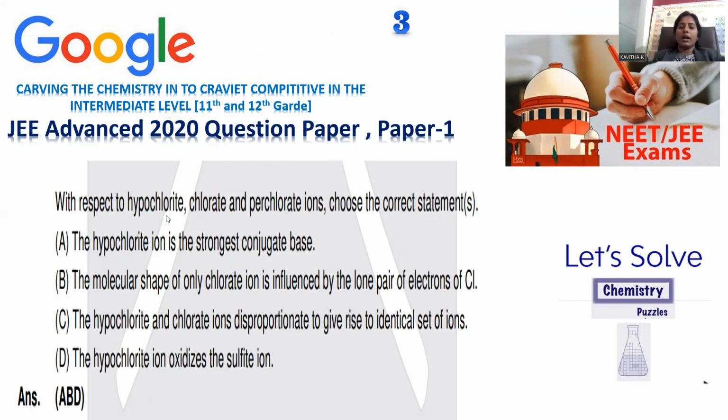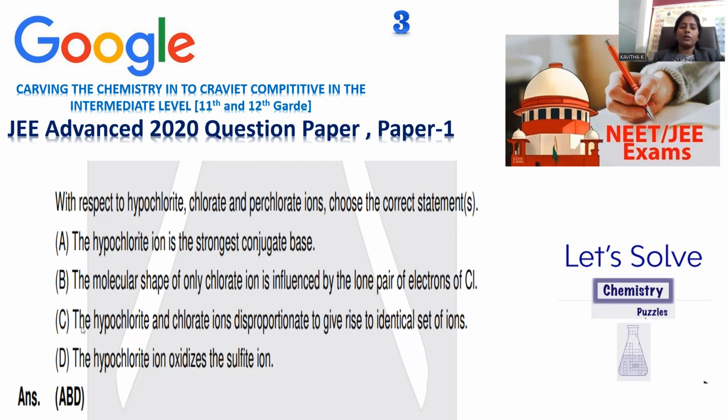With respect to the hypochlorite ion, the chlorate ion and the perchlorate ion given, all these are the oxyacid anions of chlorine. Choose the correct statements. Which are correct from these 4 options?